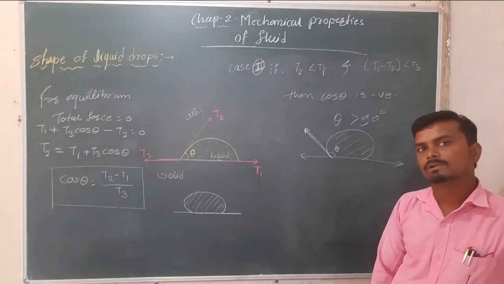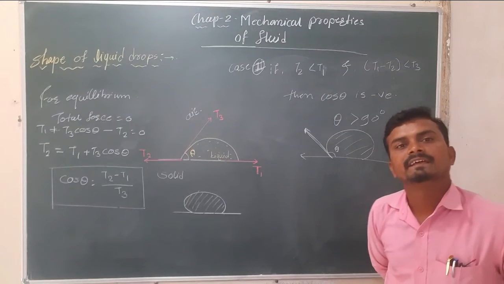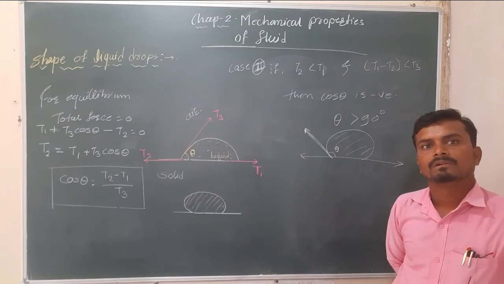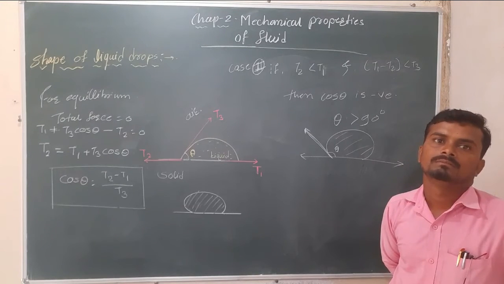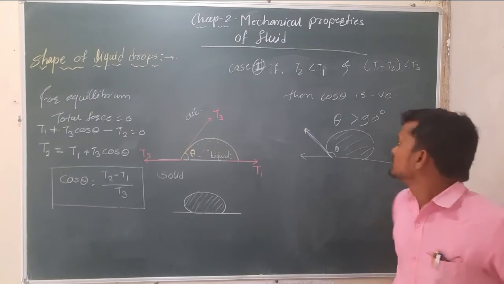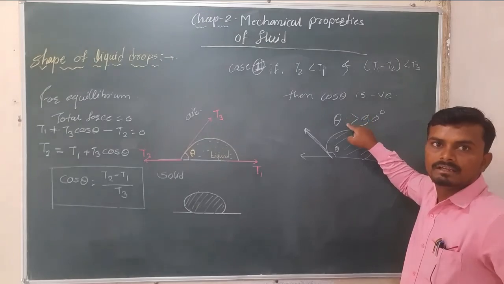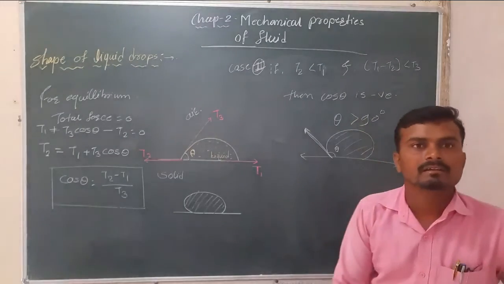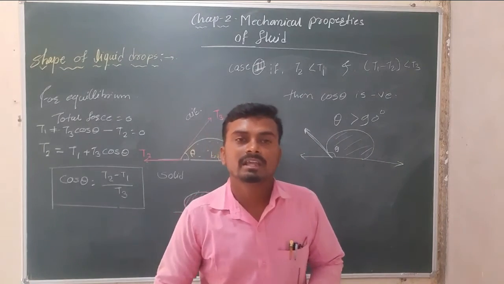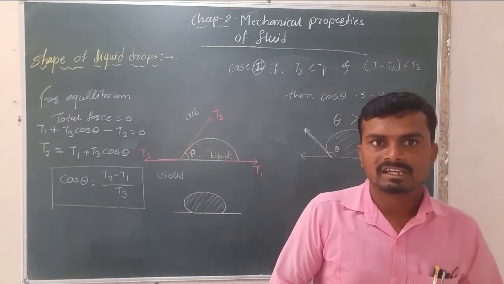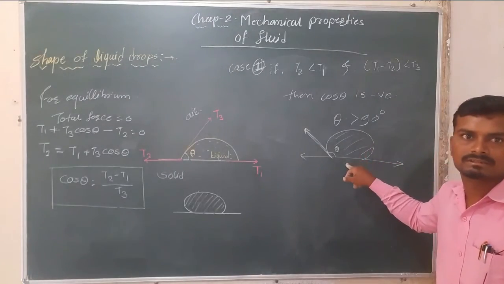And if cos of theta is negative, obviously it is less than 1, but negative, then theta is greater than 90 degrees, that means an obtuse angle, and in that case the liquid drop gets a shape like this.